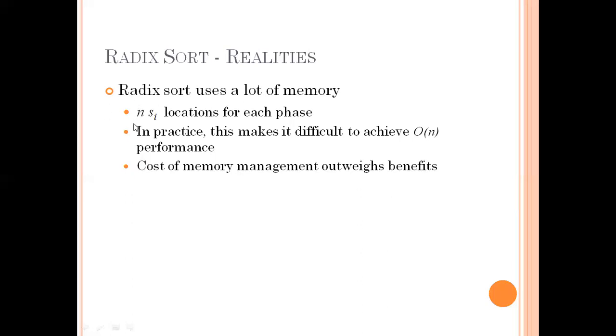N is the number of items we have to sort, and S is the possible values, that is the radices. So this N multiplied by S locations for each phase is too large. In practice, this makes it difficult to achieve O(N) performance.